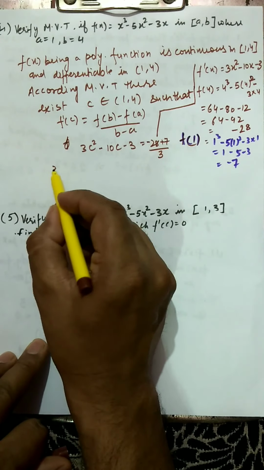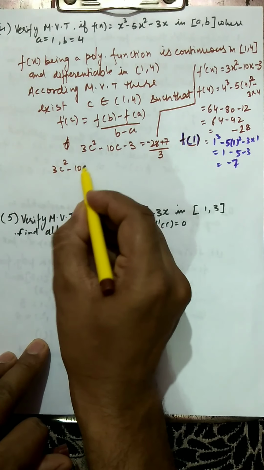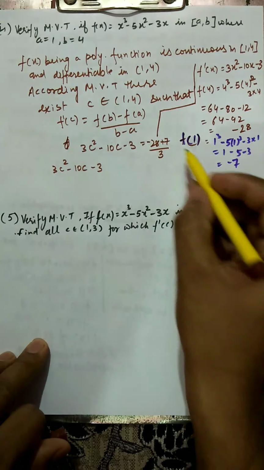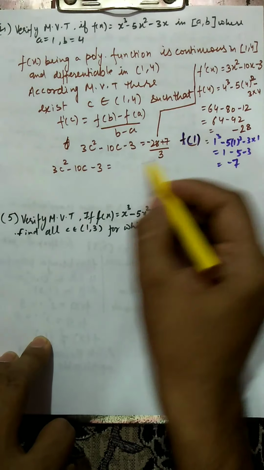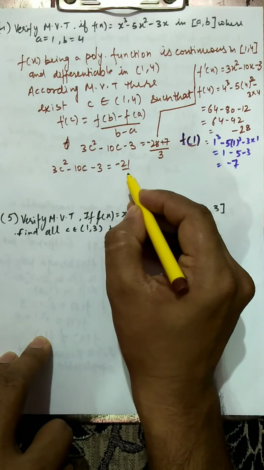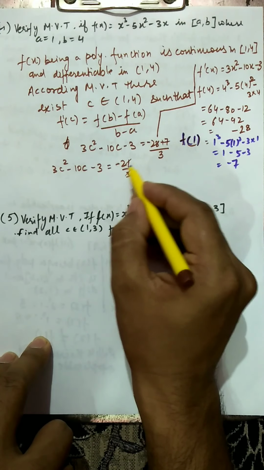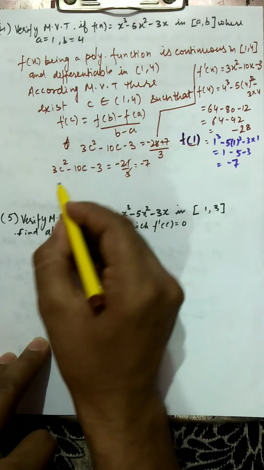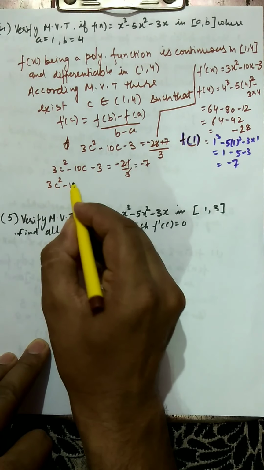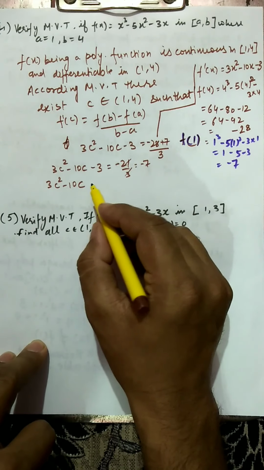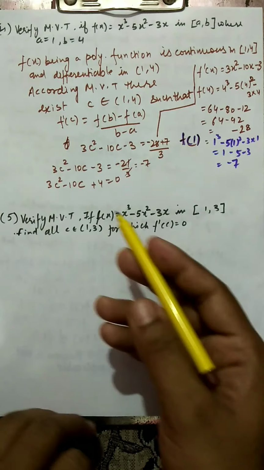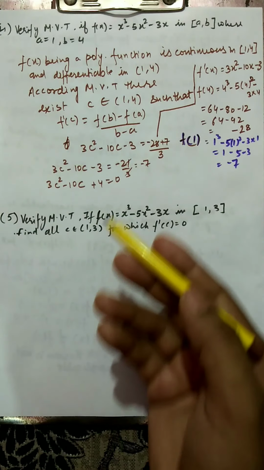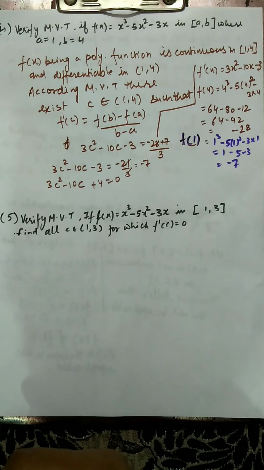So this is 3c² − 10c − 3, equal to −21 upon 3, which is −7. So this is 3c² − 10c, this minus will come here, and this becomes plus 4 equal to 0. So 3 into 4 is 12.